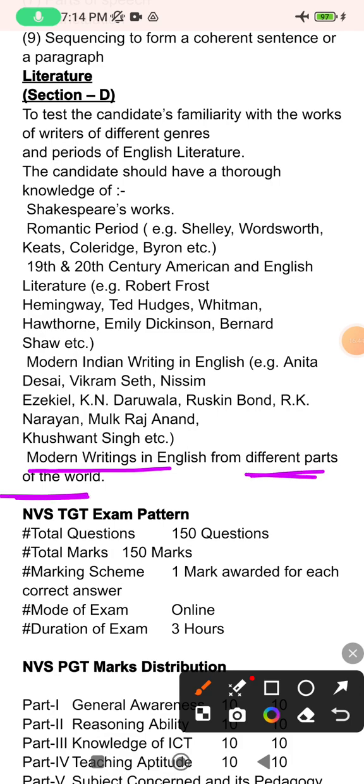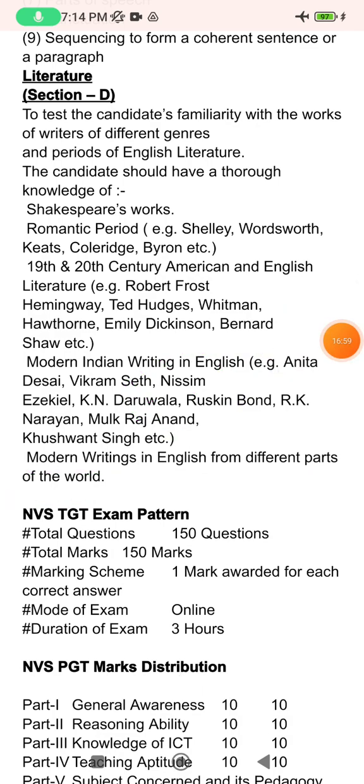Very few questions come from this point: African literature, Canadian literature, Australian literature, Caribbean literature. Hardly 3 to 4 questions come from this last point.